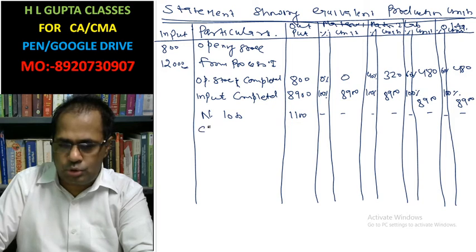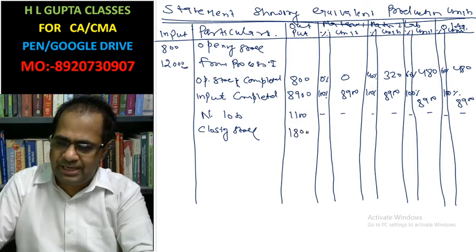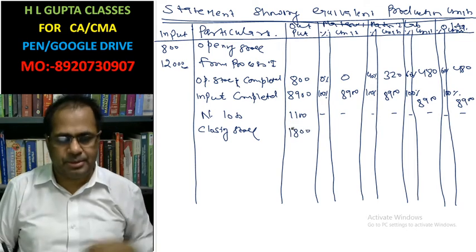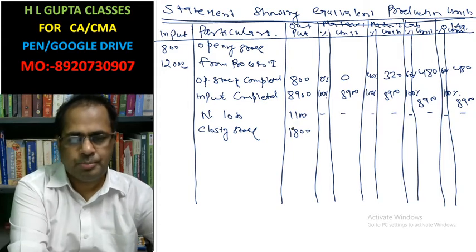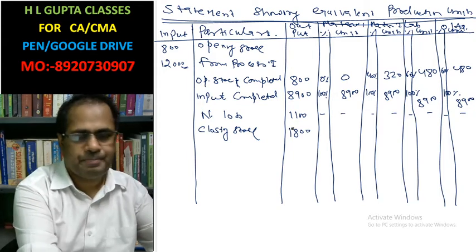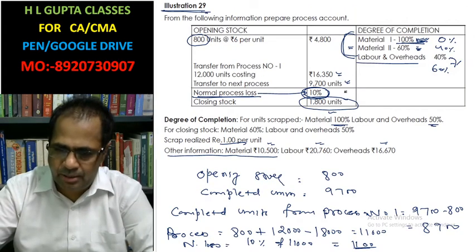Now closing stock. Closing stock is 1,800. What information is given about the closing stock here? Please try to understand in this case. Closing stock information is given 1,800.